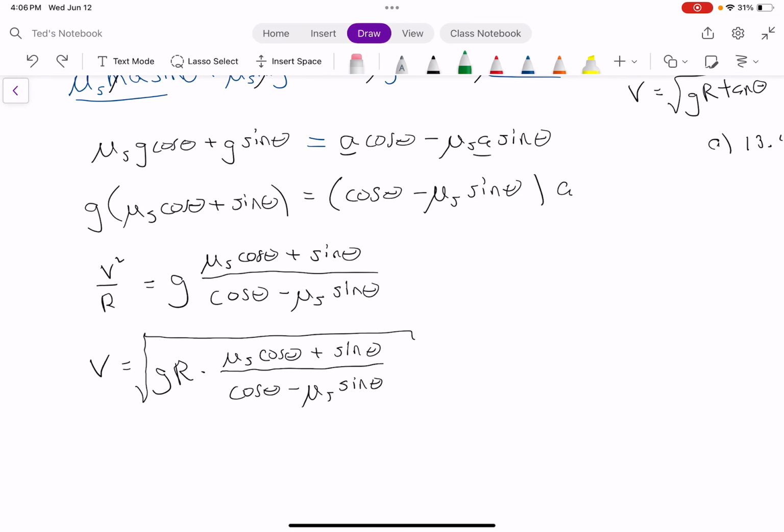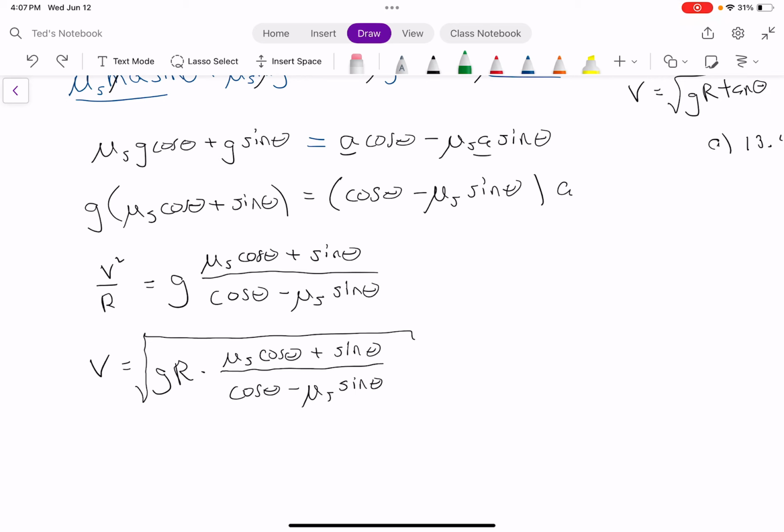Okay, so 0.316 times the cosine of 20 degrees plus the sine of 20 degrees divided by the cosine of 20 degrees minus 0.316 times the sine of 20 degrees.